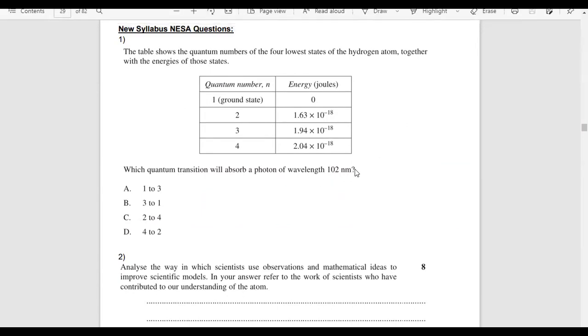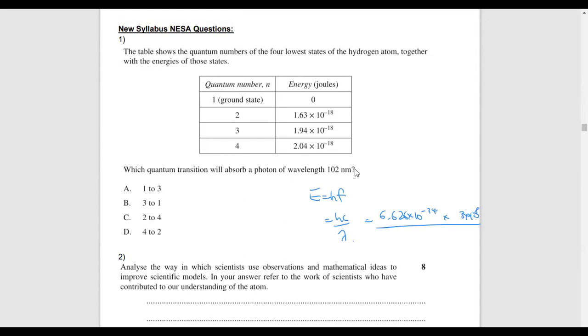So this just needs you to do calculations with E equals hf, which is hc over lambda. So quick calculation. Lambda is unknown. Oh, we do know it. 102 nanometers.